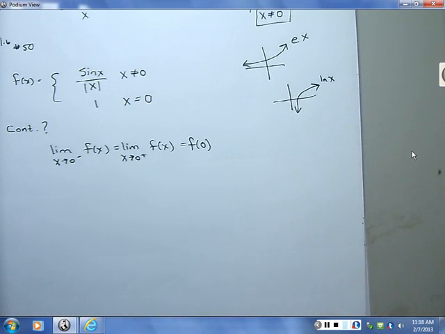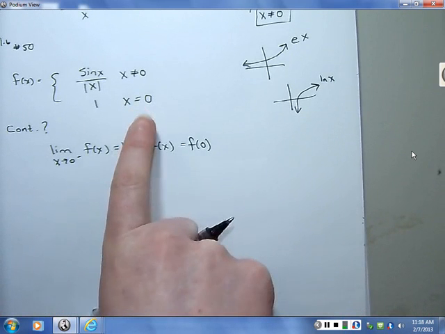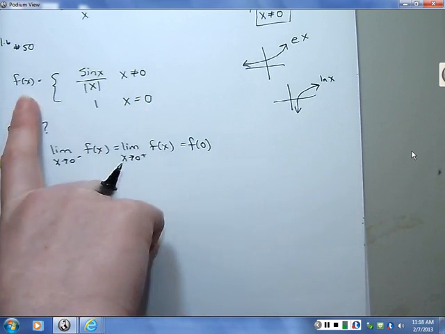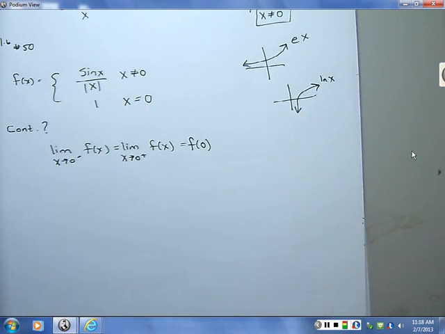This function is defined as sine of x over absolute value of x if x is anything other than 0. We don't have a problem plugging anything other than 0 in, right? If I plug 0 into the function, then the function is 1.